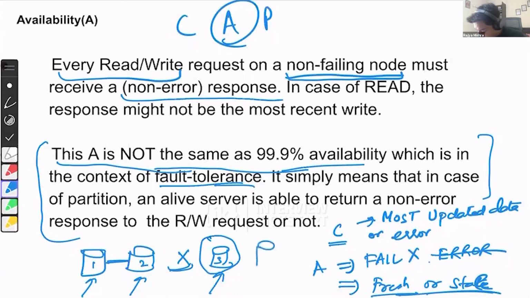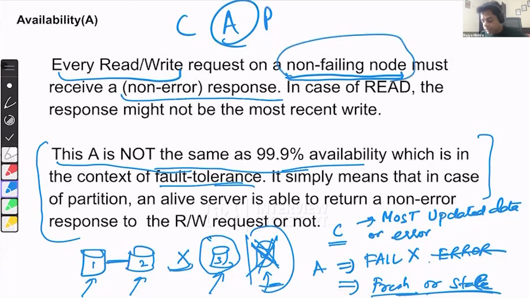Now let's say there is a DB4 server also, and this server is out of service for some reason. So if the read request goes to it, then obviously no response would be there. That's why we said that a non-failing node must give a non-error response.